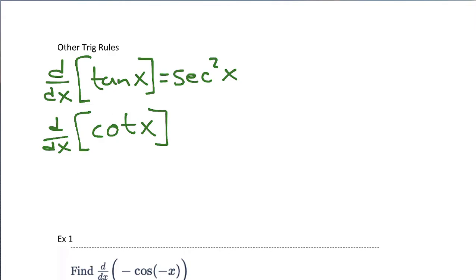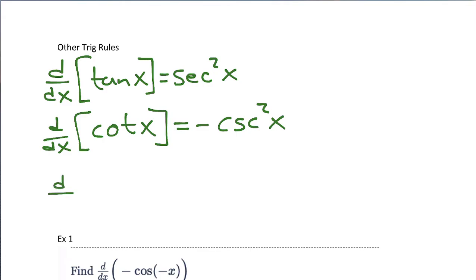Let me just make sure that I get this right. I don't want to do it wrong and then have you guys go, wait a minute, that's not what you told us. Yeah, it's negative. So this is negative cosecant squared x.